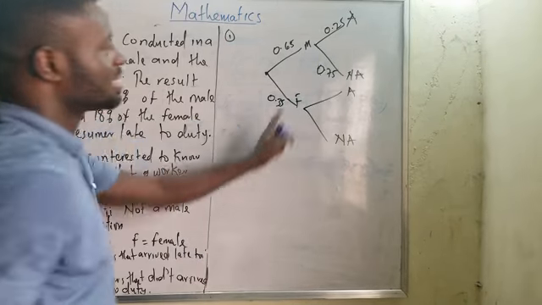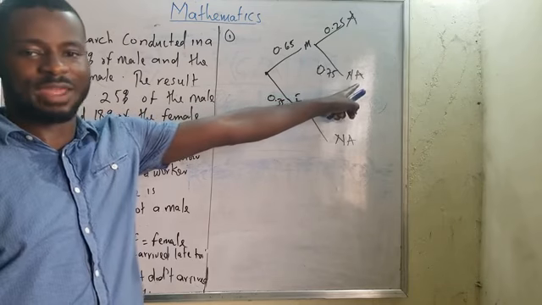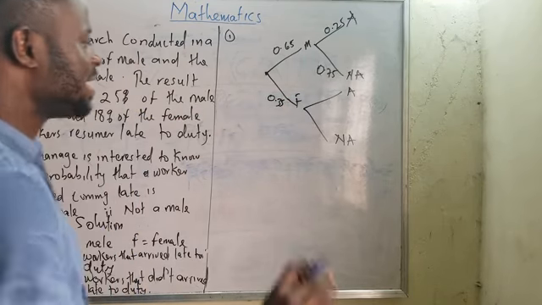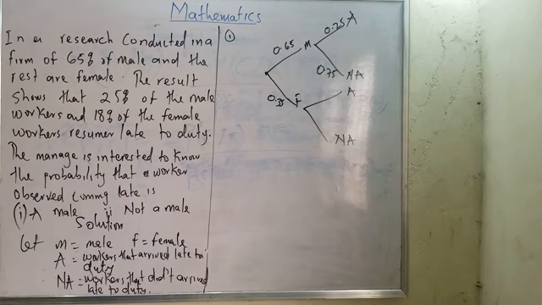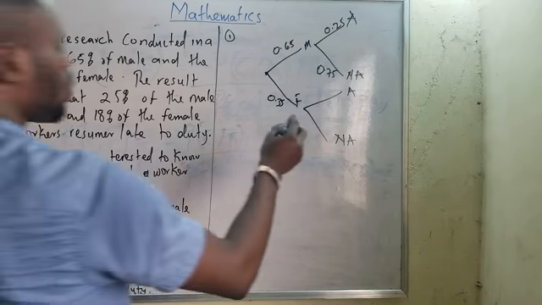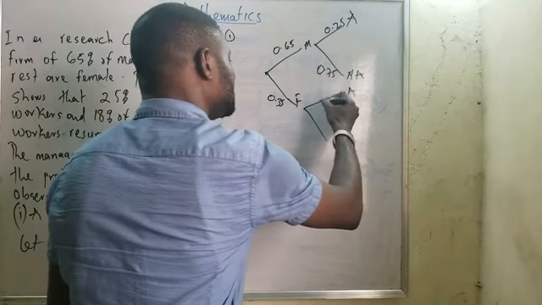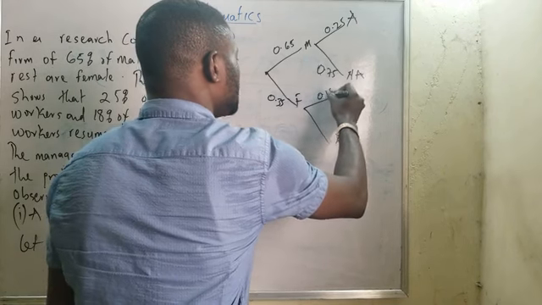0.75. That is for not arriving late. Now, I will move on to the next one. Now 18% of the female also. It means 18%. This one is 18%. We are talking about 0.18.